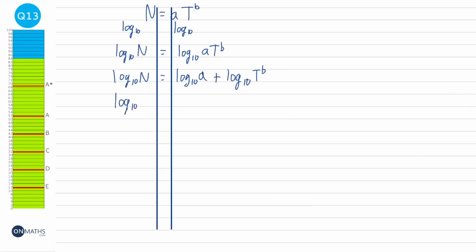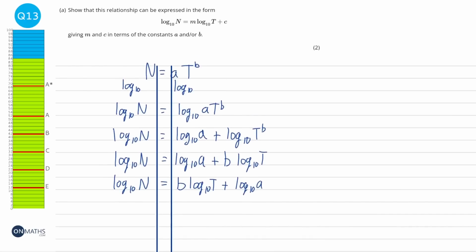So log 10 n equals log 10 a plus, and then we can bring that b down, so b log 10 t. Now I can swap those around the other way really, so it matches a little bit better. So it would be b log 10 t plus log 10 a.